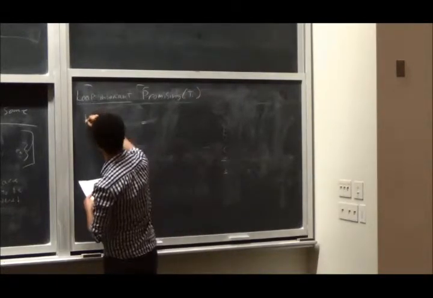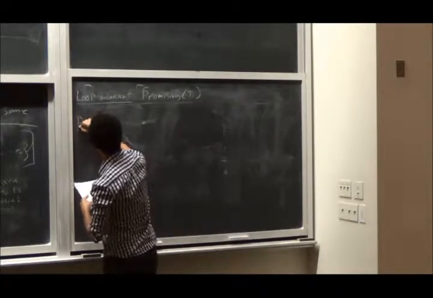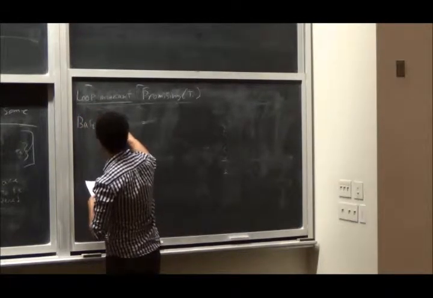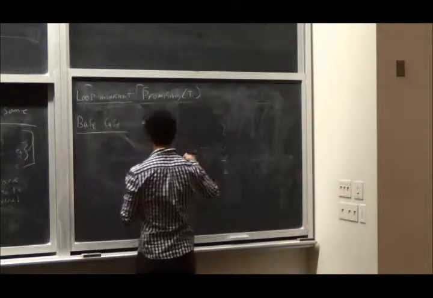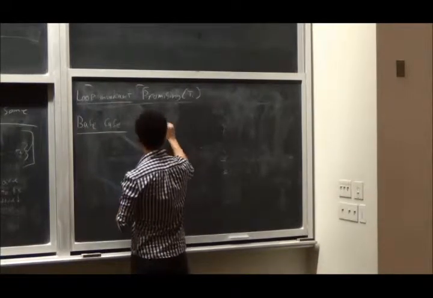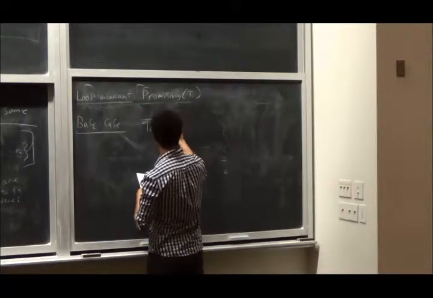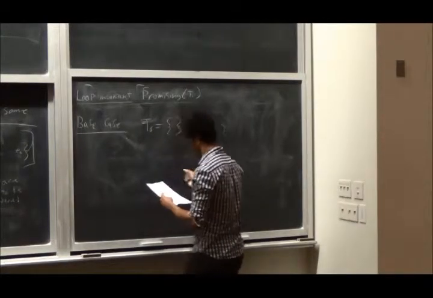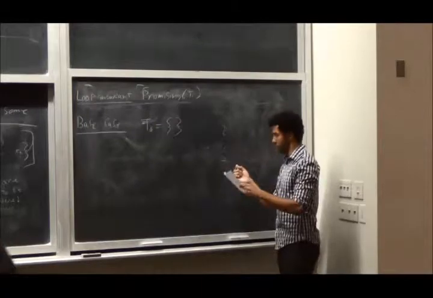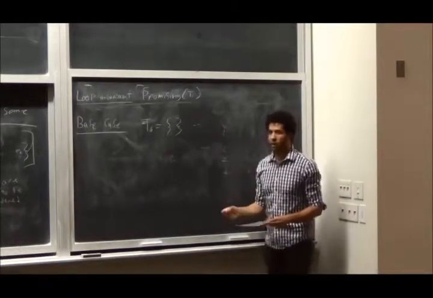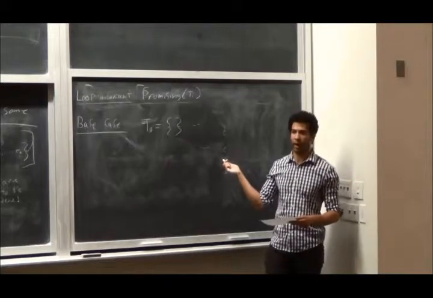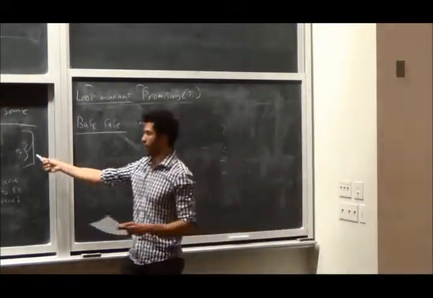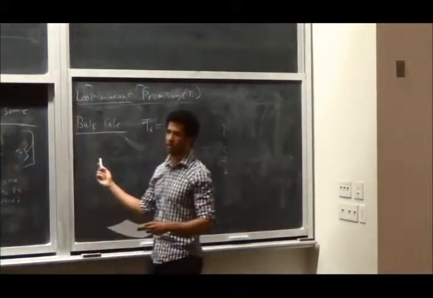Let's set up a base case, and let's consider T0 is empty. Is that trivially promising to everyone? The idea that a future set containing all the edges is promising?